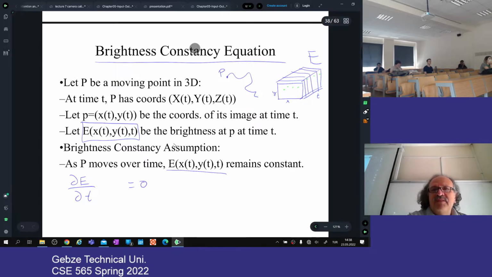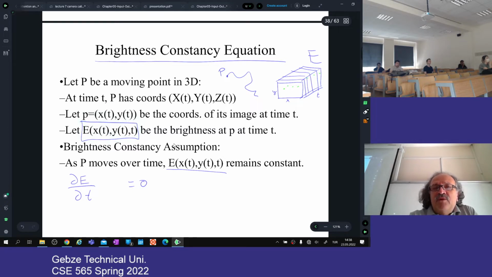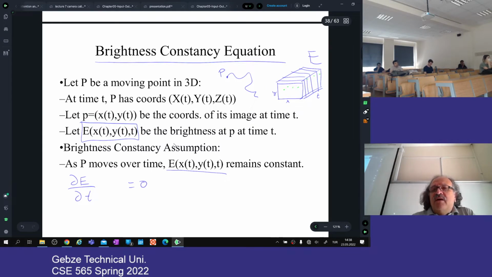So we have this brightness constancy equation. If a point P is moving in the three-dimensional space, and x(t), y(t), and z(t) are its coordinates in the real world, then we will assume that whatever the projection of this point on my image frame will have a constant intensity, because wherever you move your object in the scene in time, its brightness will not change.